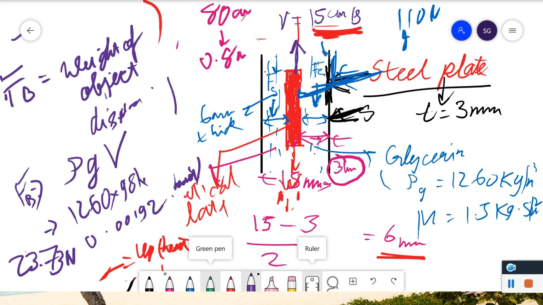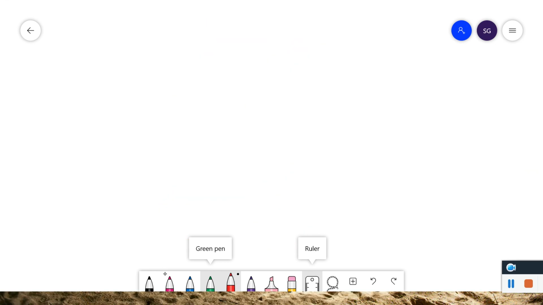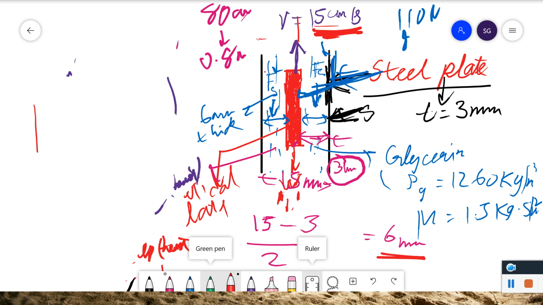So the effective weight will be, now you know all the values. Now let's proceed to the final answer. So the forces which are acting on it are W, Fb, Fs. I don't know the symbols, you will get it better, I guess.